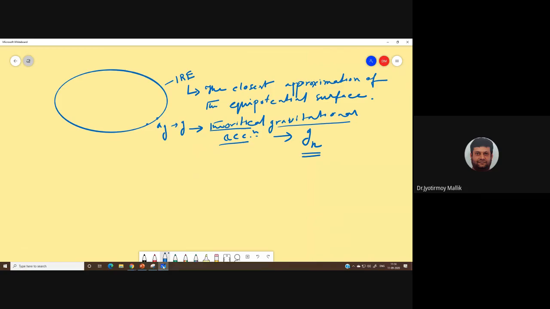Now this is completely a calculated value, right? Why is it a calculated value?